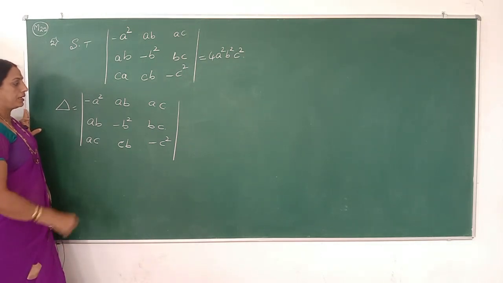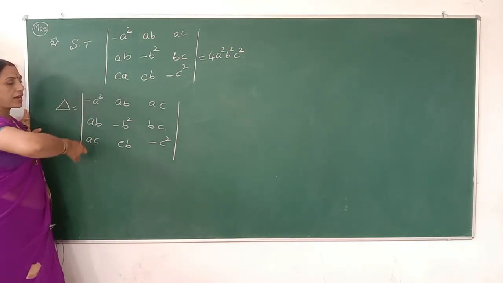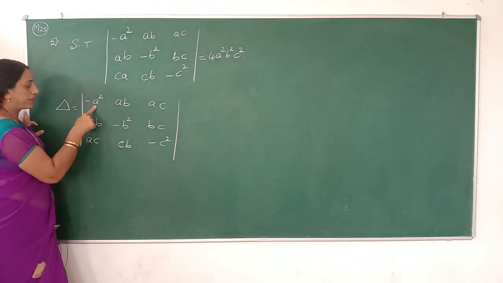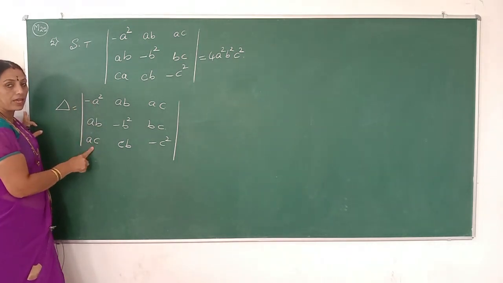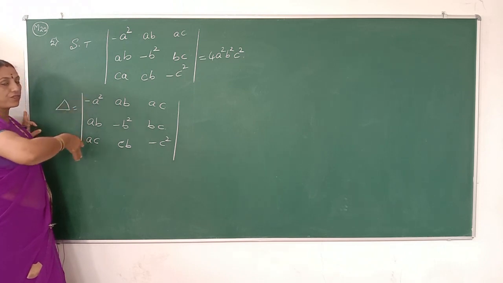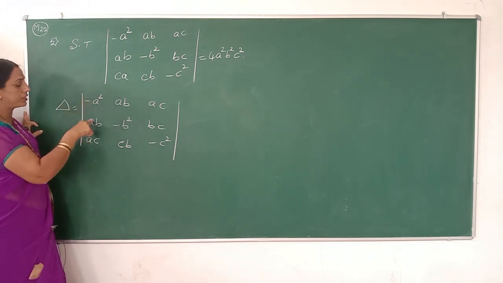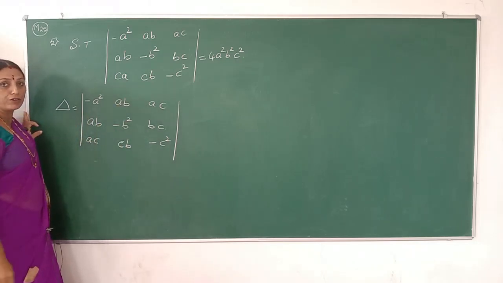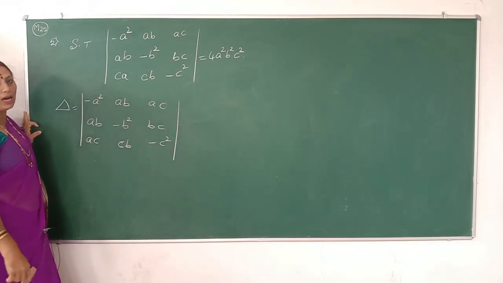Similarly, we observe the elements column-wise. Minus a square, ab, ac: is this also a multiple of a or not? Yes, the first column is a multiple of a. The second column is a multiple of b, and the third is a multiple of c.